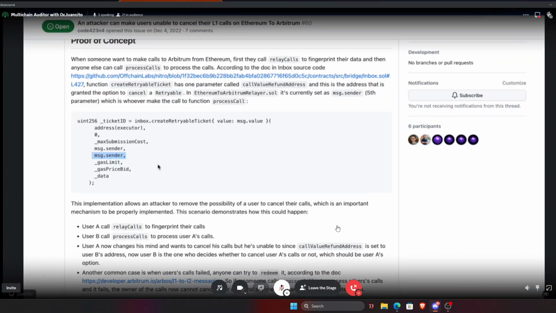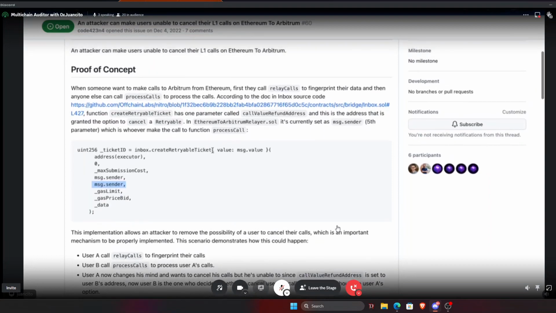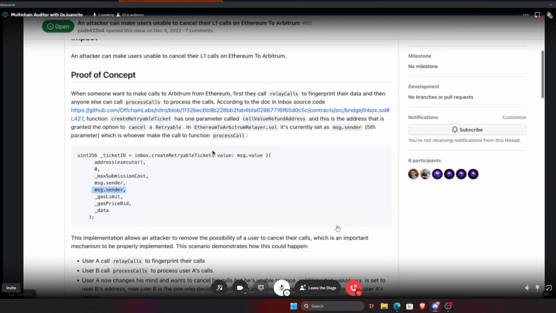That's very specific to this protocol, but you may want to pay special attention to authorization when you're doing these cross-messaging applications, so that you don't give the person who executes these messages with retryable tickets more permission than they should have.